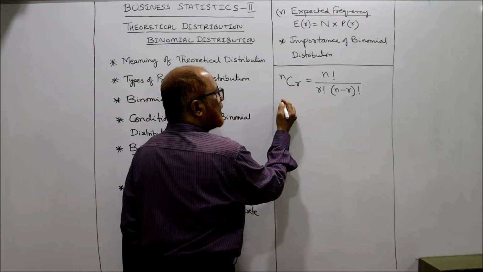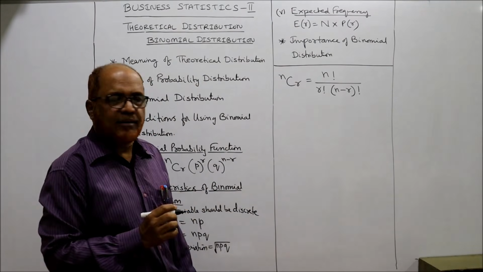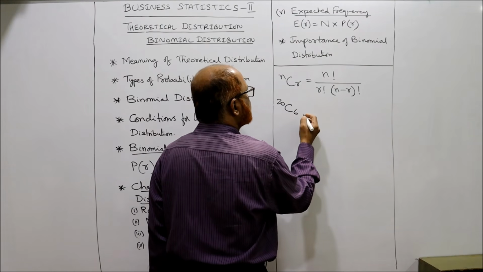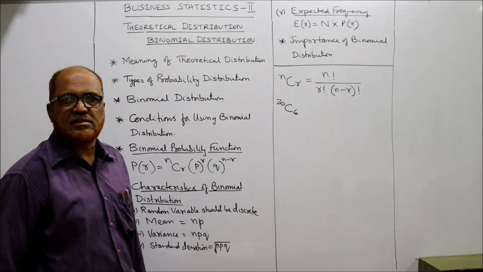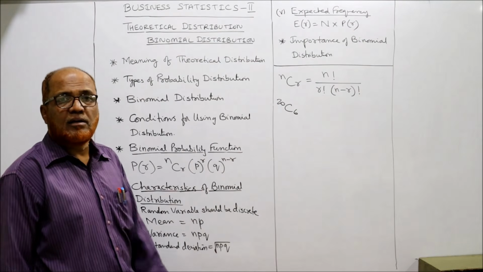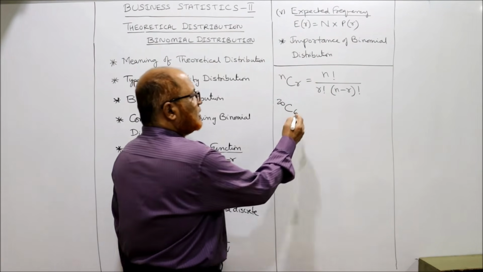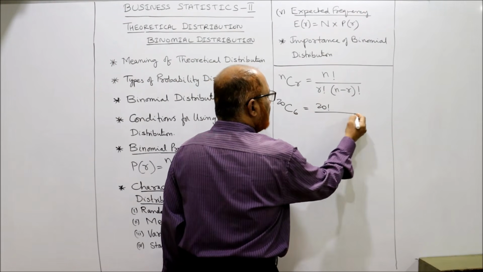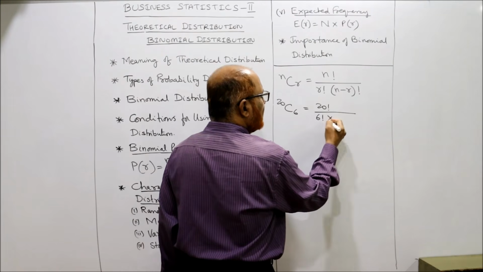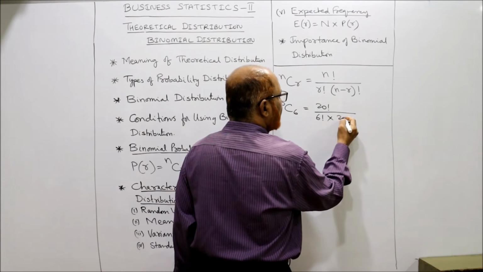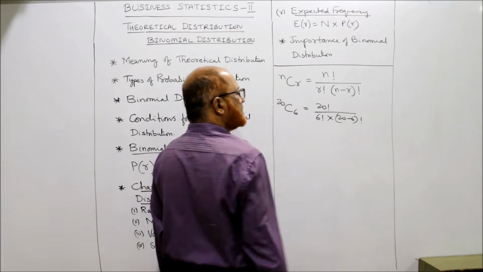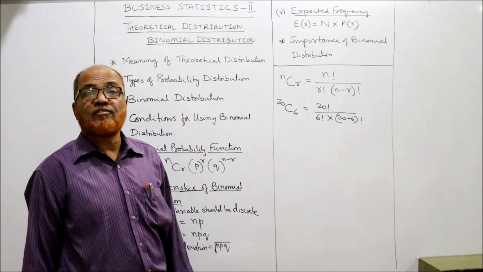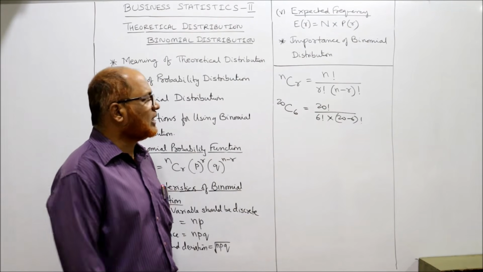So again, one last example we'll take: 20C6. N is equal to 20, r is equal to 6. So 20 factorial divided by 6 factorial into 20 minus 6 factorial. This is the expansion. Now 20 minus 6, you will get 14, so we'll stop at 14 factorial.